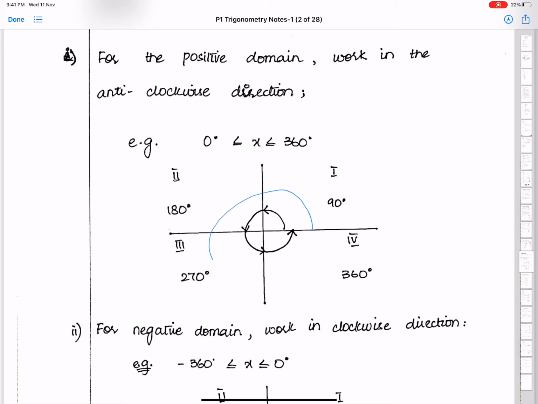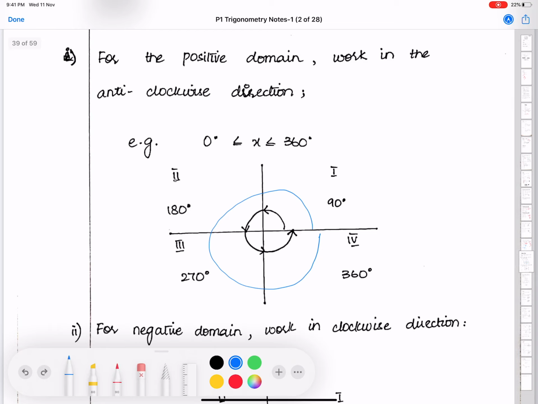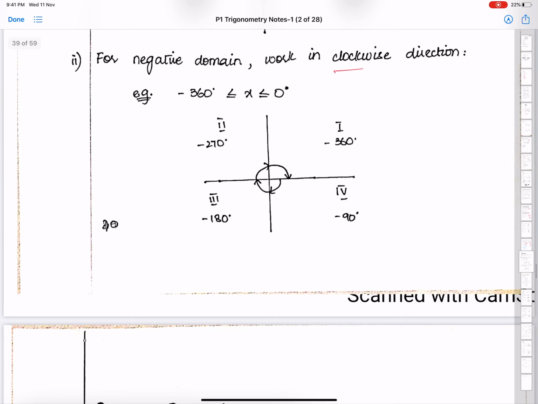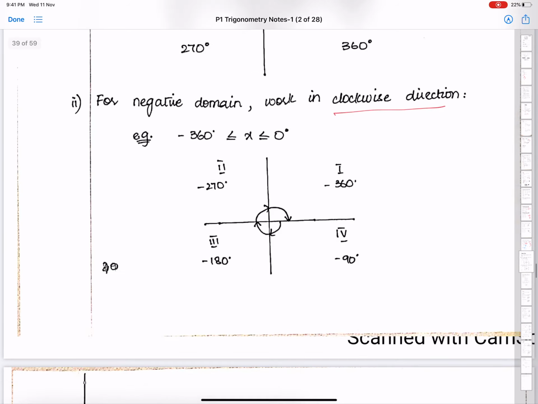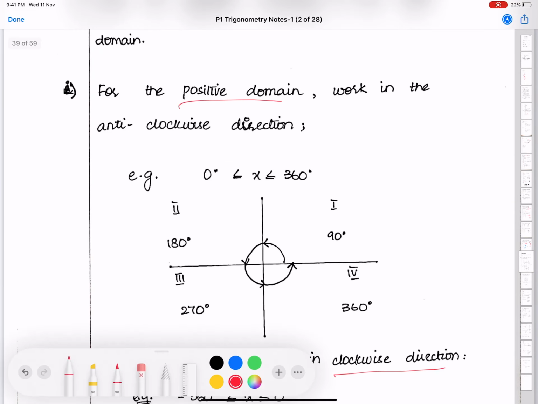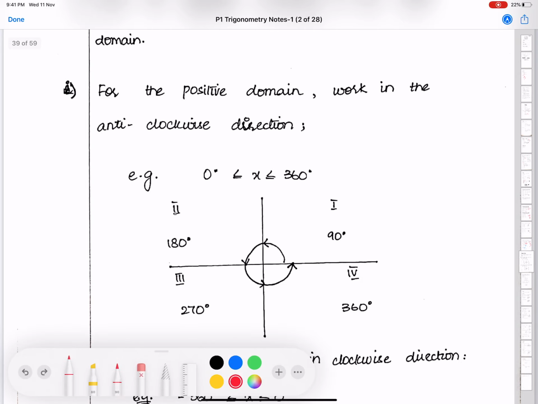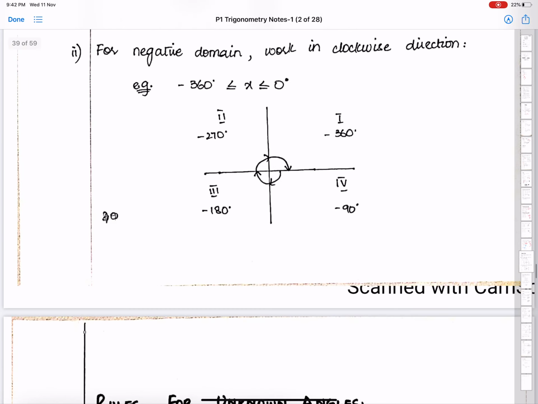Like you need to work like this. If the domain is negative, then you need to work in clockwise direction. For negative domain, work in clockwise direction. For positive domain, work in anti-clockwise direction. Make sure you remember these directions according to the given domain.